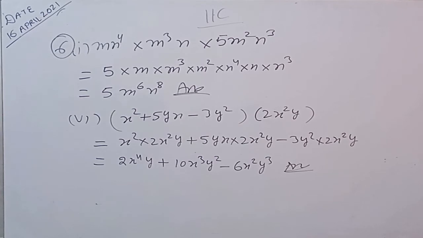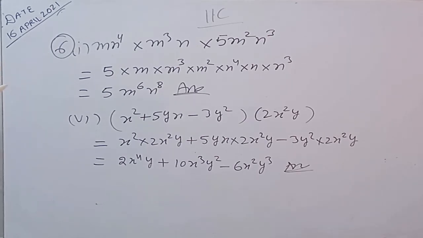Children, I am taking question number 6, first part, that is mn⁴, m³ and 5m²n³ we have to multiply together. So collect the constant term first, 5 write first, collect the like term m³, m² first, then n⁴, n³. m power 1, m³ power 3, m² power 2.